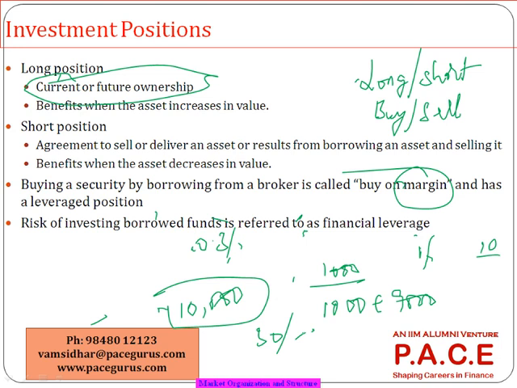But at the same time, if your position is going bad, if you are losing out, he will immediately close out the position. He has that kind of right where he can close out the position if things are going against you. Typically, when you have taken $10,000 to buy, the intention is that the price will go up after you buy. Only then can you sell it off, pay back the broker his $9,000, and the remainder is your benefit.